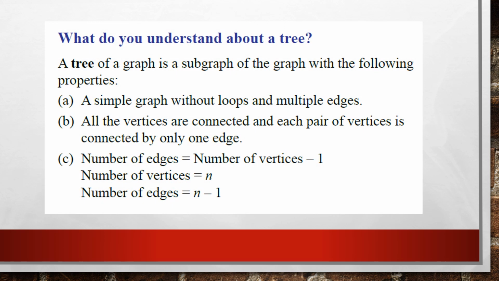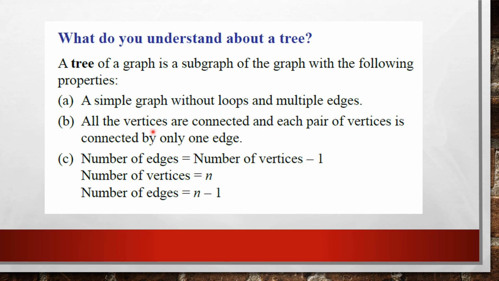Next, what do you understand about a tree? A tree of a graph is a subgraph of the graph with the following properties. The first one, a simple graph without loops and multiple edges. That means when you say the graph is a tree, it doesn't have loops and multiple edges.